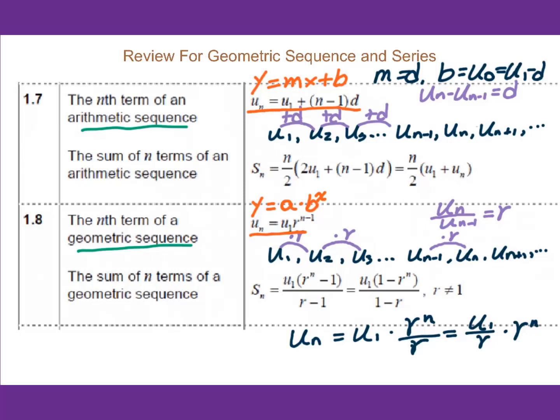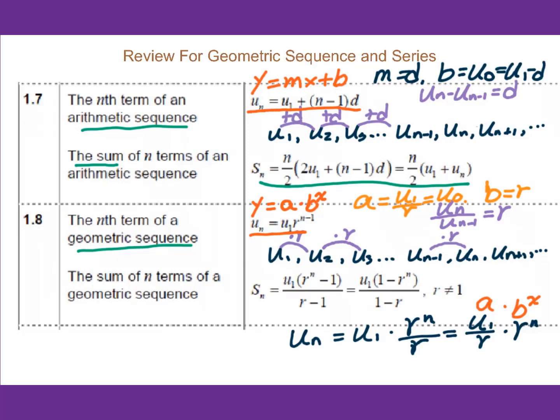Then you compare to a times b to the x power. You could say that a equals u sub 1 over r. Basically, that's still u sub 0. And this base b equals the common ratio r. So b equals r.